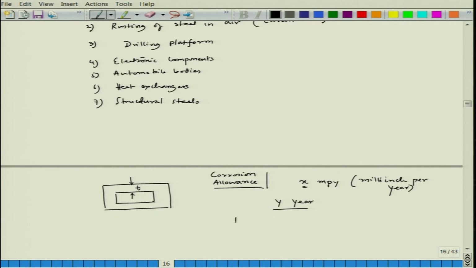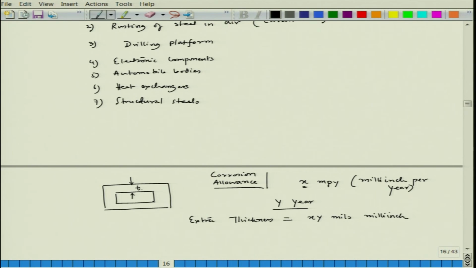So, now the extra thickness to be provided would be xy mils, or milli-inch, fine.